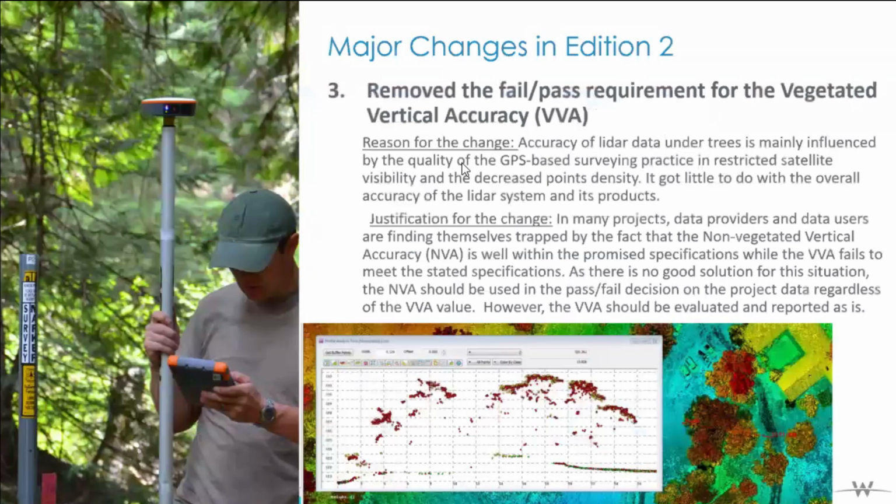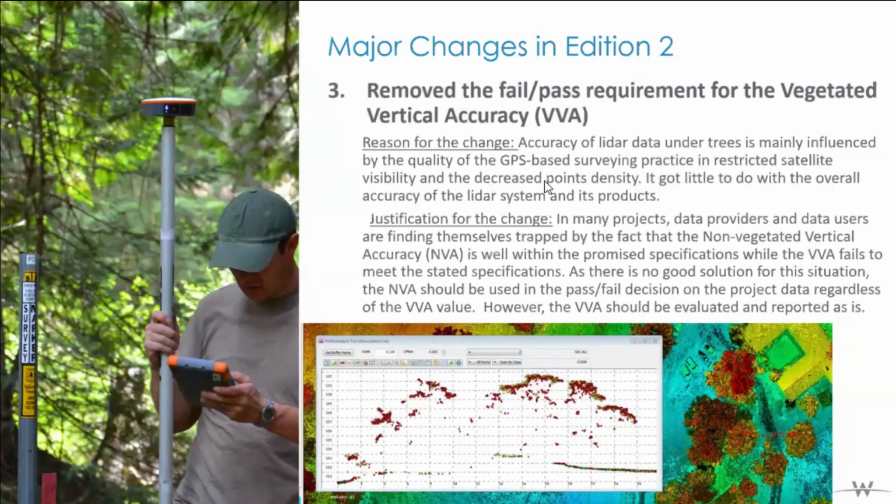Another major change is to remove the pass-fail requirement for the vegetated area. If you're familiar with it, before, when I presented the vertical, we have NVA and VVA.